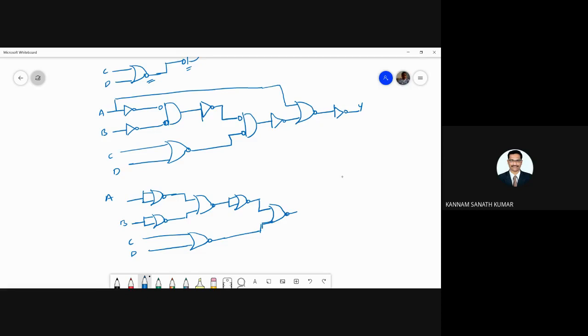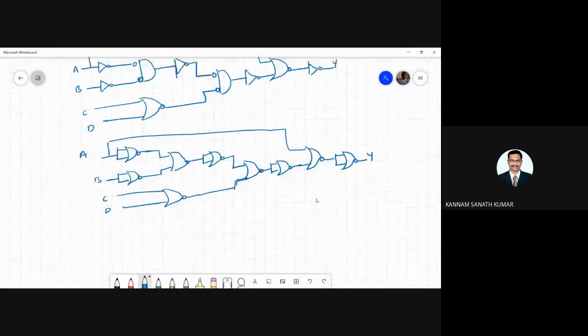And next convert this inverter with a NOR gate. Here A input is coming, and these are given to the NOR gate. Again, whatever inverter is there, convert it into a NOR gate. All the gates are nothing but NOR gates. Like this, you need to convert the following AOA logic into NOR logic.